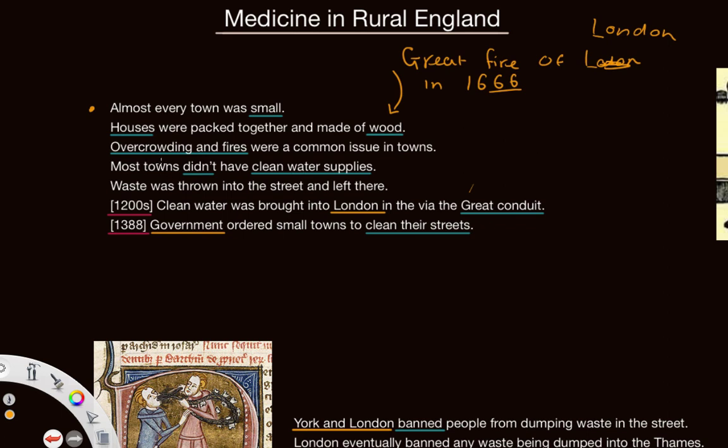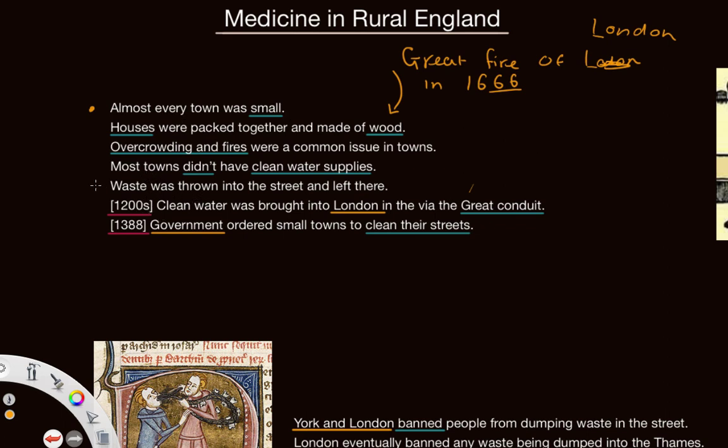Like I said, the Great Fire of London is a good example of that. However, it's not exactly in a rural area and not exactly in this time period, but still the same problem persisted. It would cause fires, which were a common issue in towns, and there was also overcrowding.